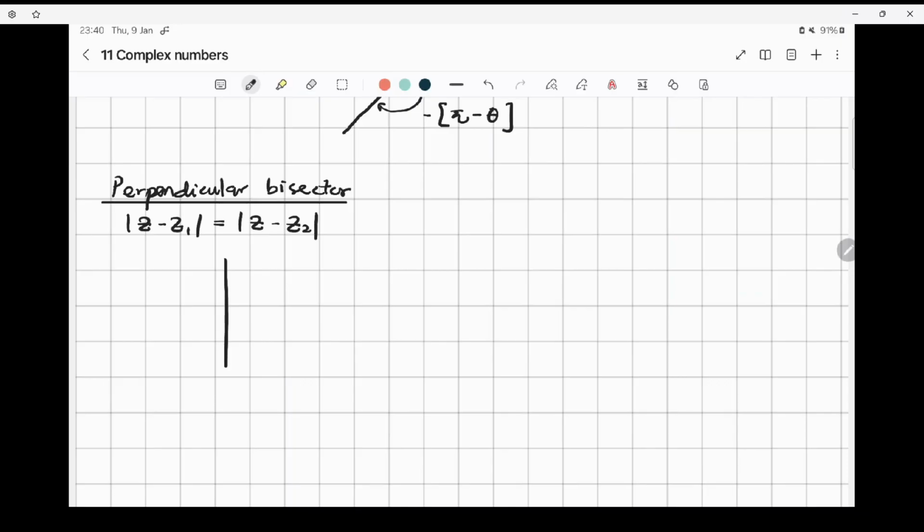So let's say you have z1 over here, z2 over here. So basically, you just need to find the midpoint between z1 and z2. Find the midpoint.